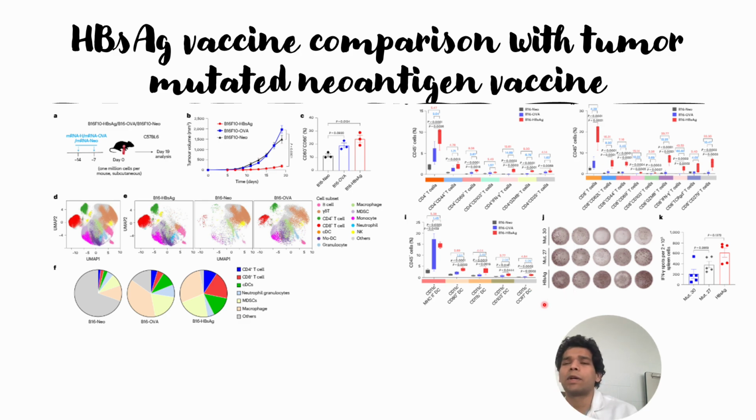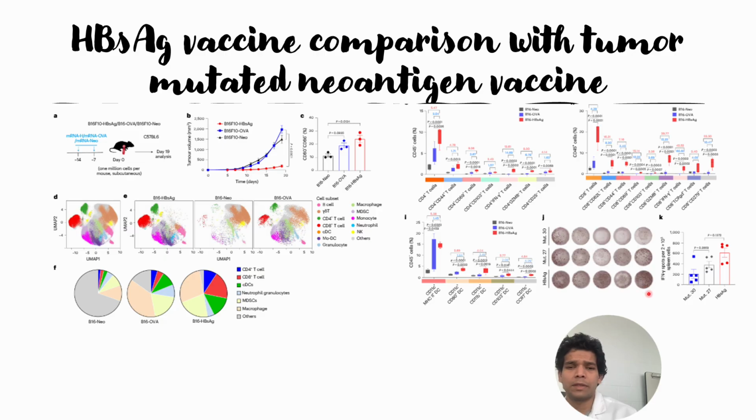Thereafter they wanted to check whether the immune response triggered by the HBsAg expression on the cancer cells will cause endogenous T cell activation or not. In order to check that, they checked the IFN gamma ELISPOT in the spleen cells in all three cases, and they were able to see that the IFN gamma ELISPOT in the spleen cells seems to be high for the HBsAg treated vaccines.